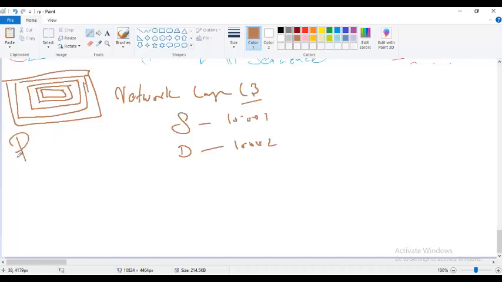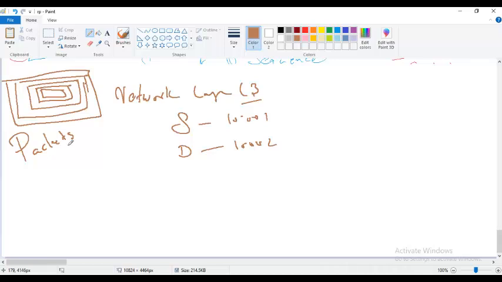What do we call our data in the transport layer? Segments. Correct. Now, to the segment, the IP address got added, and this is now called a packet.